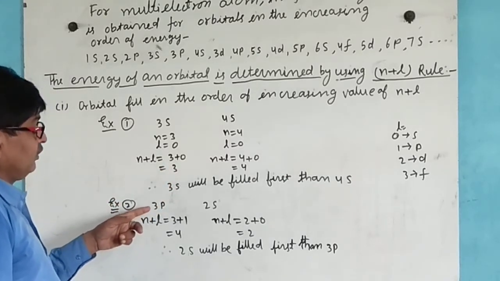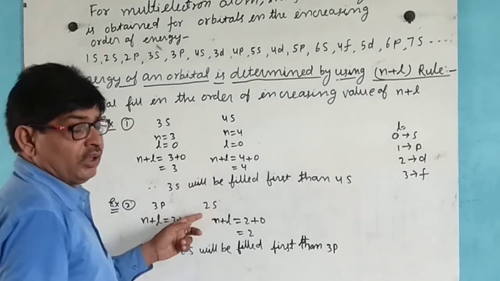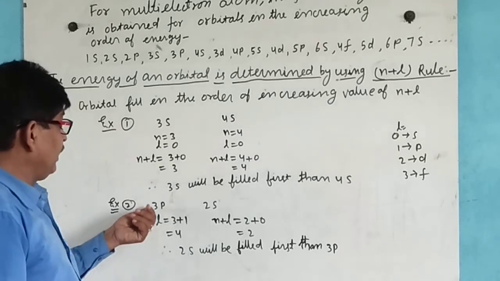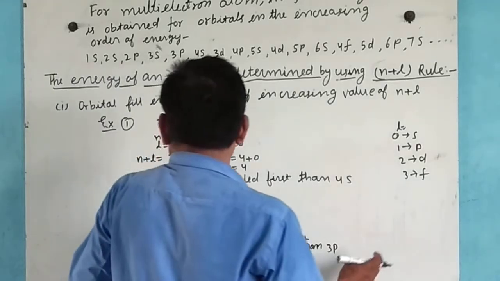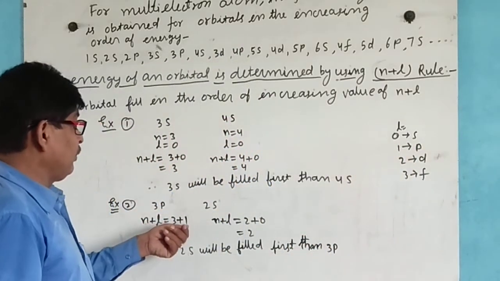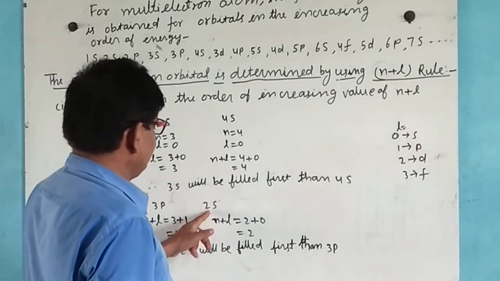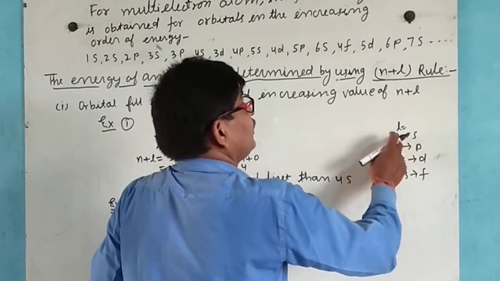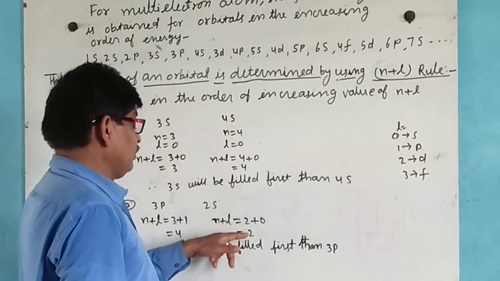Example two, 3p orbital and 2s orbital. Here, the principal quantum number n is equal to 3, and for p the value of l is equal to 1, so 3 plus 1 is 4. For 2s, the value of n is equal to 2 and for the s orbital l is 0, so 2 plus 0 is equal to 2.